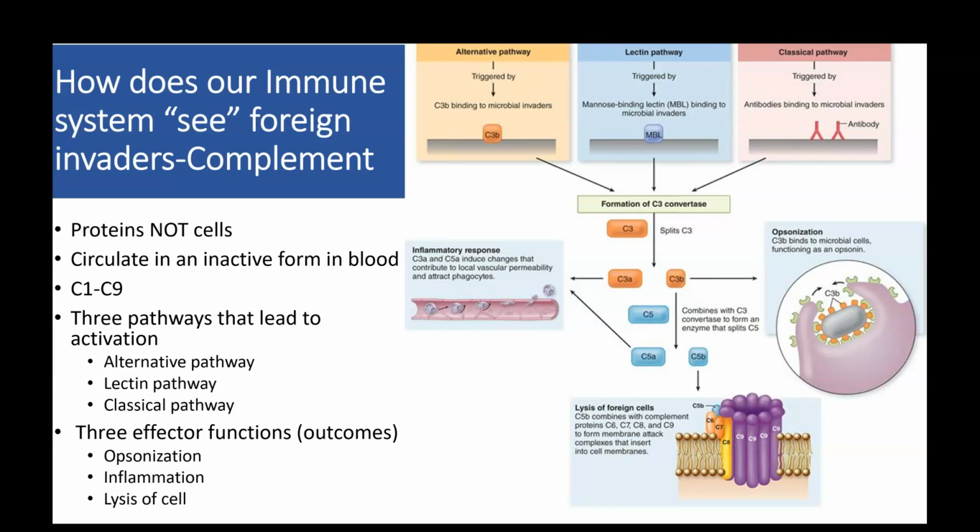So complement is a set of proteins that were originally identified as complementing, in other words, rounding out our immune system. They circulate in an inactive form in our blood, so they're tiny little proteins, and I have a video that you're going to do a quiz on, and in that video, I think they call them tiny little hand grenades.